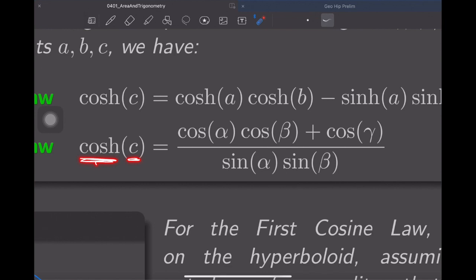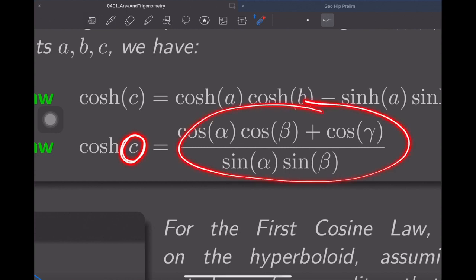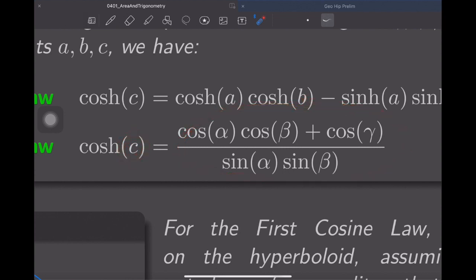So in other words, I can just apply hyperbolic arc cosine and put C completely in terms of the three angles. I can do that for both triangles, and then I get that their lengths really coincide.